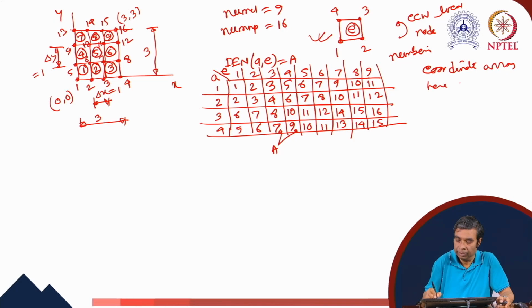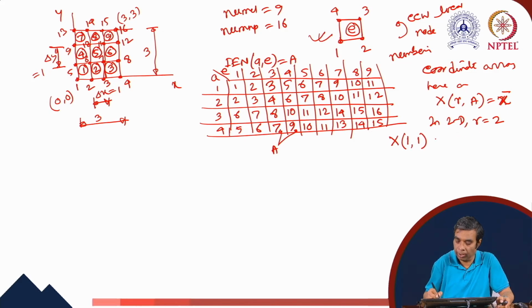Here, capital X(r, a) equals x bar. Here r is 2, in 2D r is 2. So we can write, for example, the X array: r is 1 for the x coordinate and r is 2 for the y coordinate.